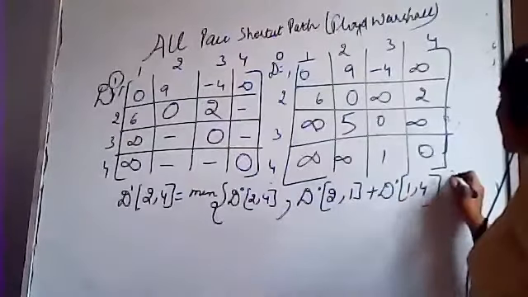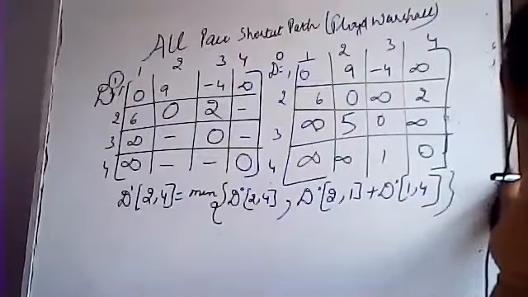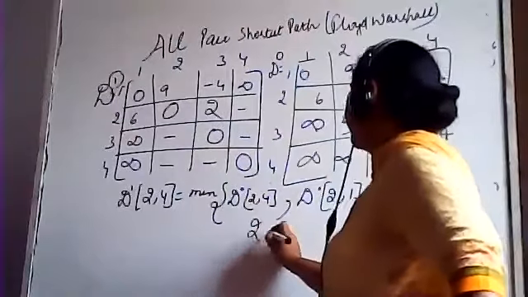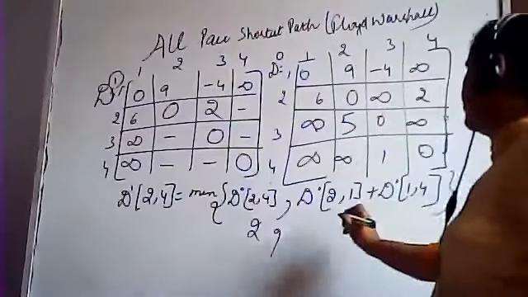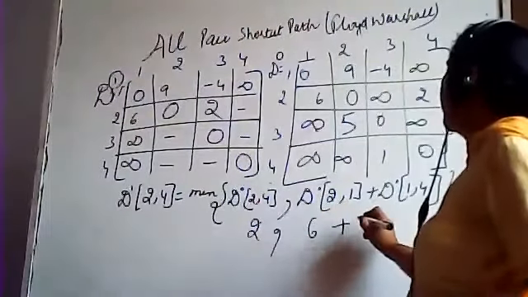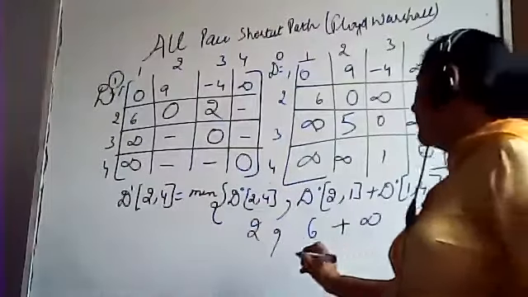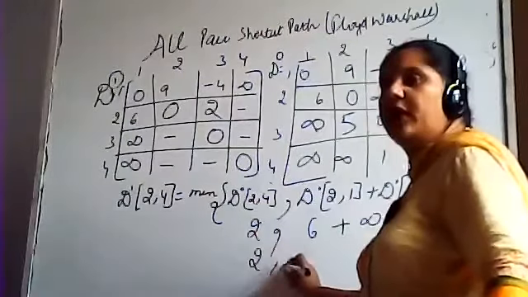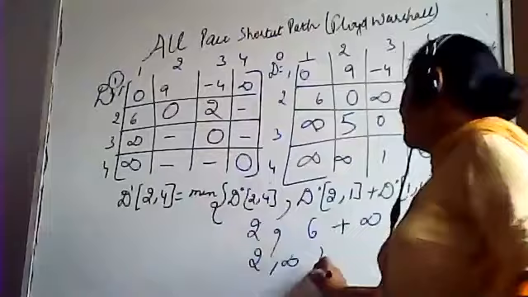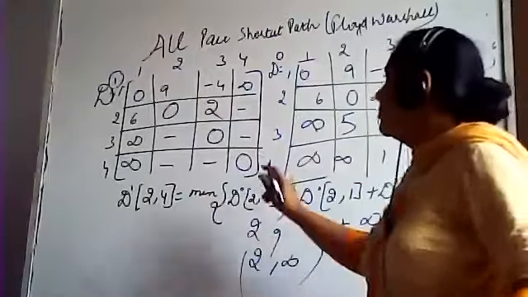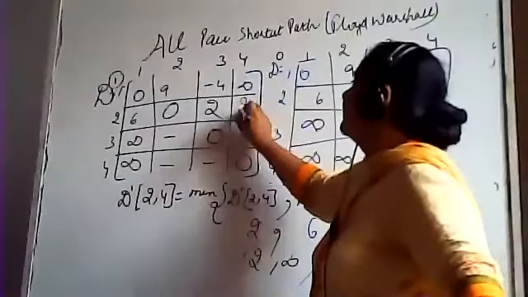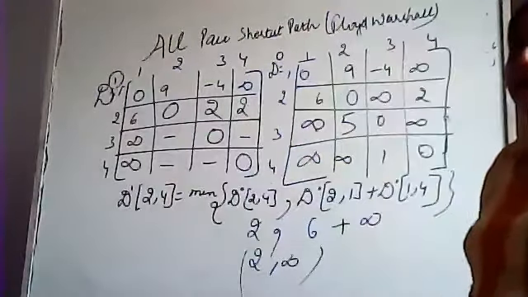Give me the values for this. 2, 4, what is the value? 2, 2, 1 is 6. 1, 4 is infinity. Anything which is added to infinity will become infinity. Between 2 and infinity, which is the better value? 2. You will substitute it. Okay?